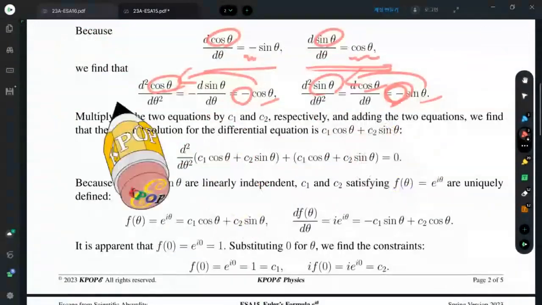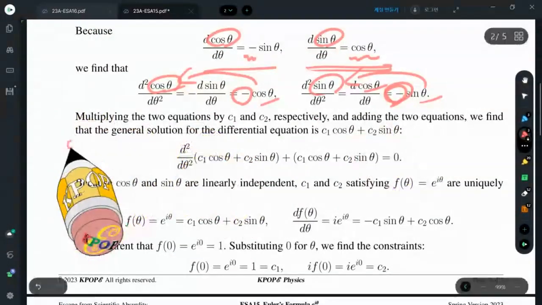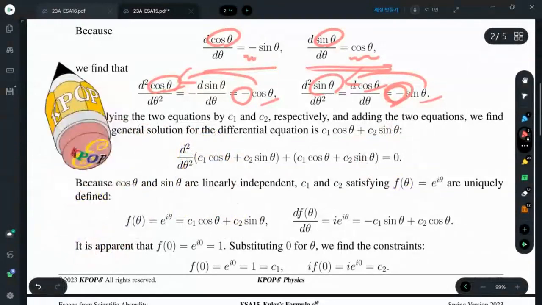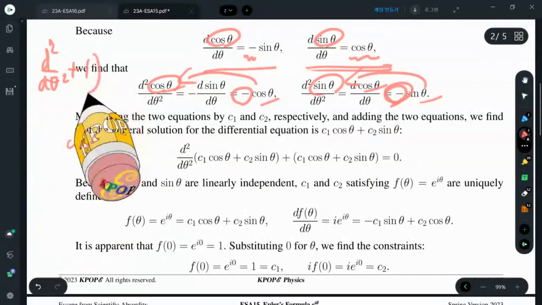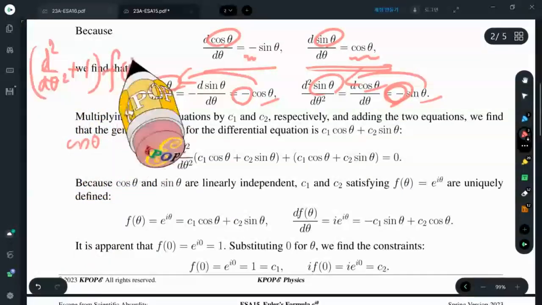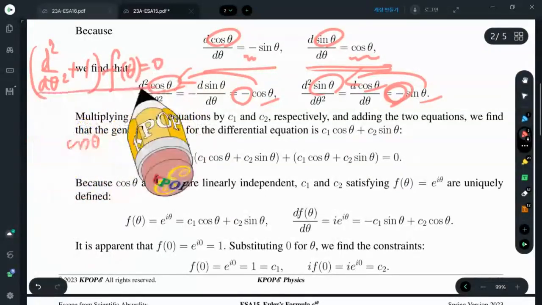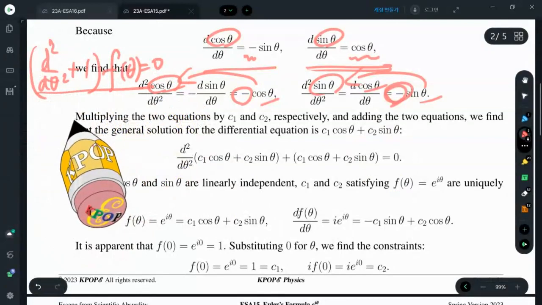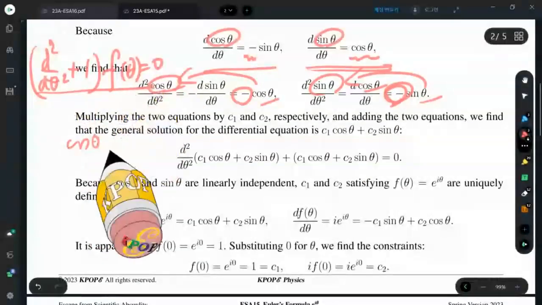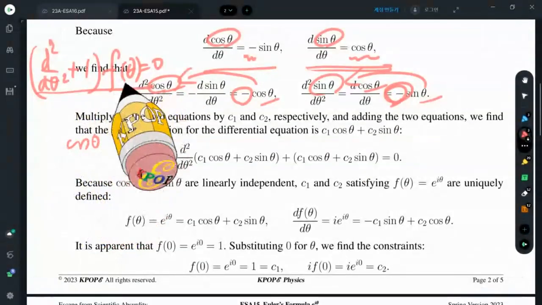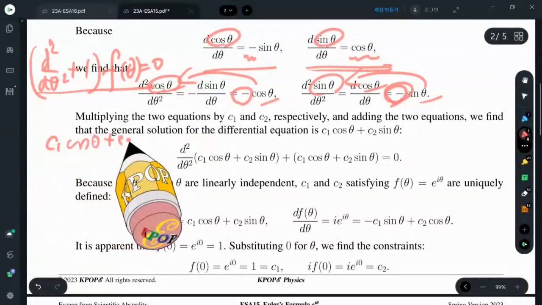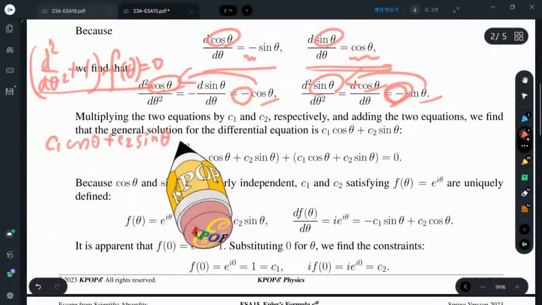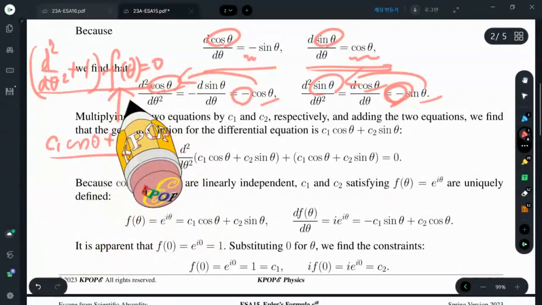So the differential equation can be expressed in terms of this kind of operator applied to f of theta. If I apply this, you will find 0. So I substitute C1 cosine theta plus C2 sine theta into here.